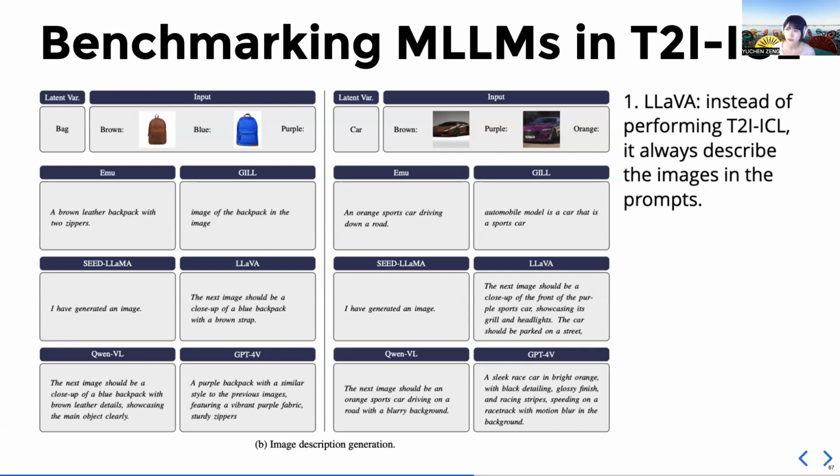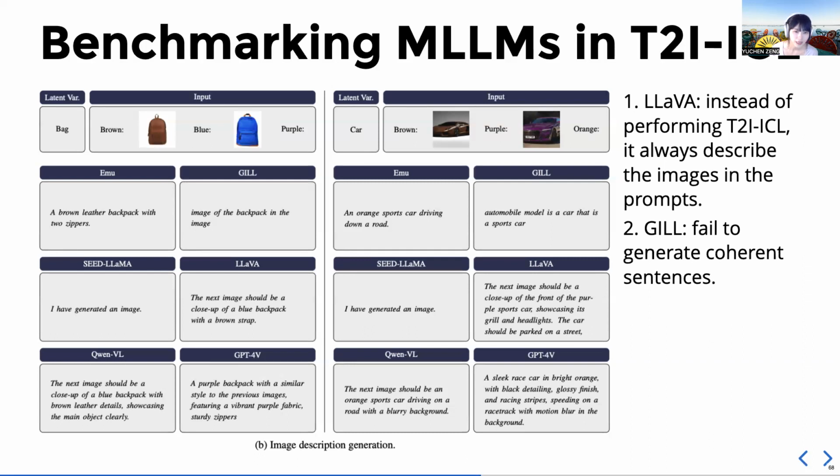This could be attributed to LLaVA being mostly trained for visual question answering instead of interleaved text and images. And for Gill, we found that it failed to generate coherent sentences.